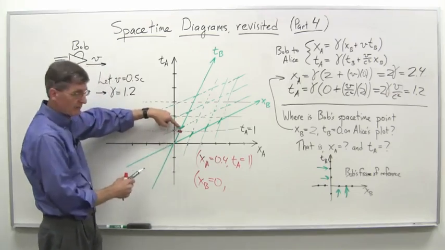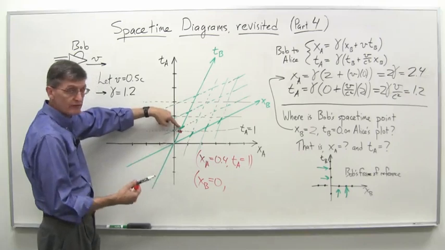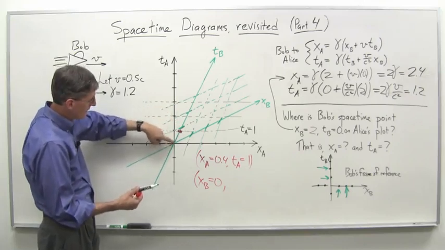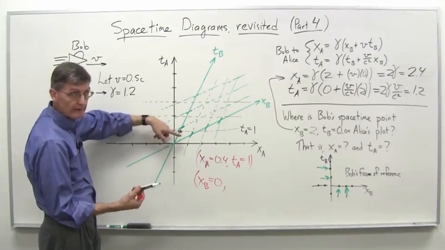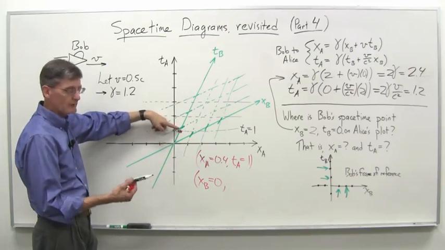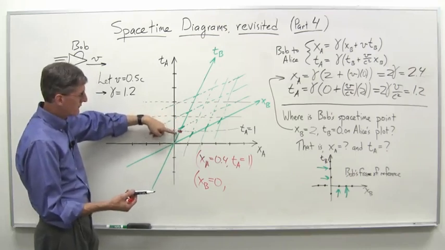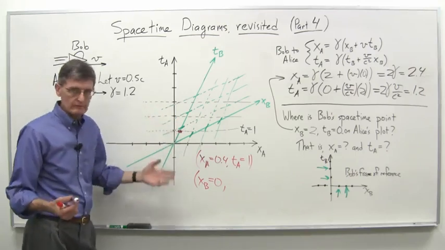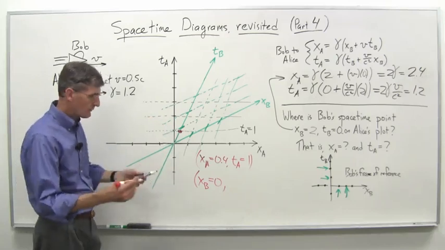And the flash of light is occurring at less than that time. It looks like from here to here is one year for Bob, from there to there, tick mark of 1. And therefore, it looks like about 0.7, just roughly speaking, maybe 0.75, someplace in that region.